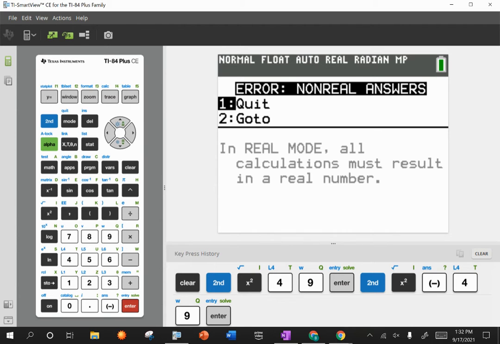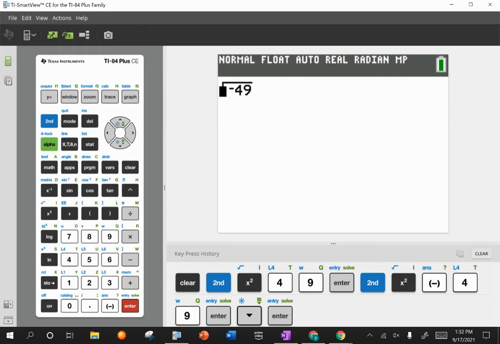What did I say you get? You get an imaginary number. So what would the imaginary number be? 7i. Why doesn't it say 7? The i stands for imaginary. So in math, we work with imaginary numbers now.